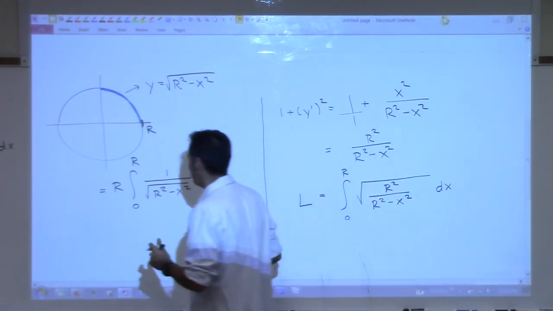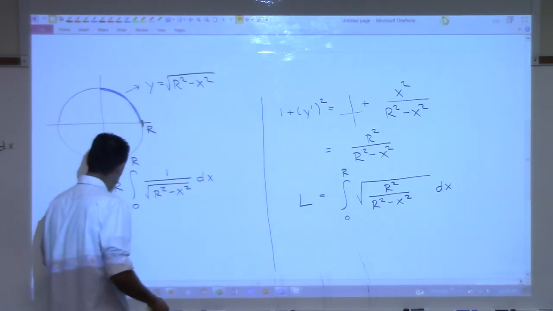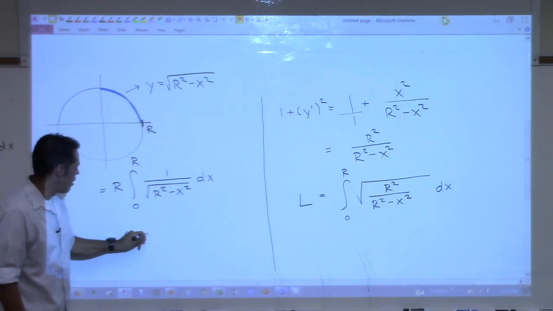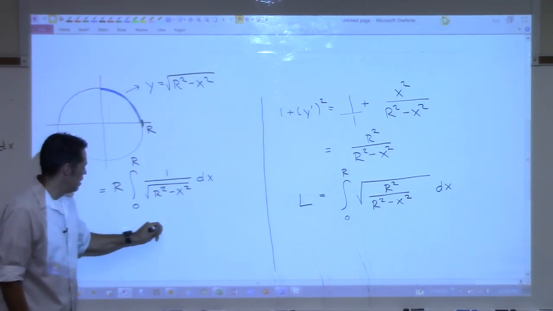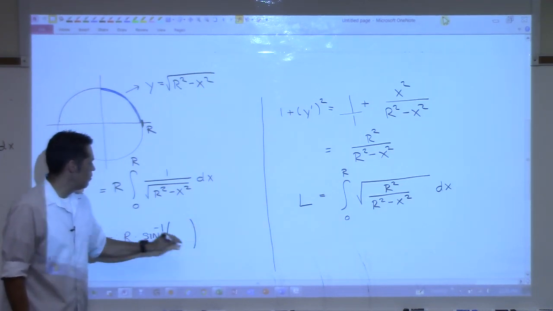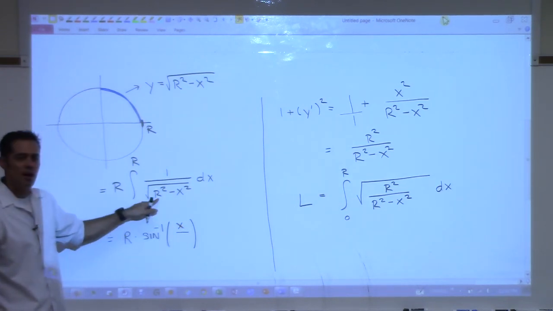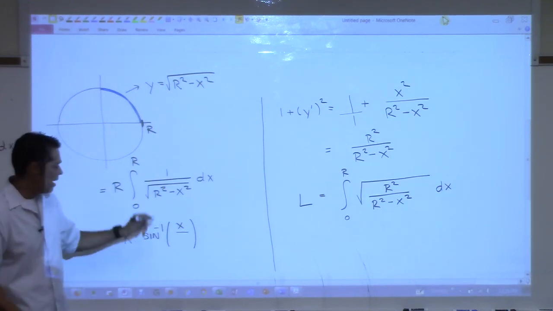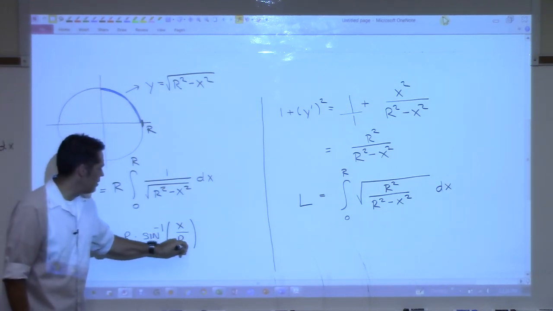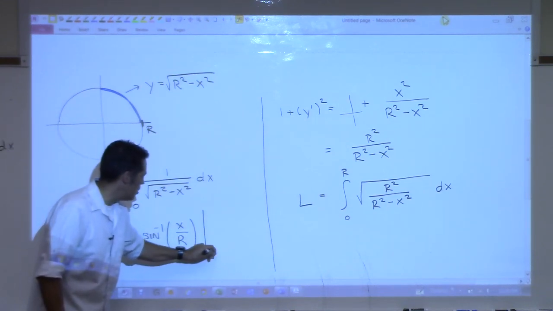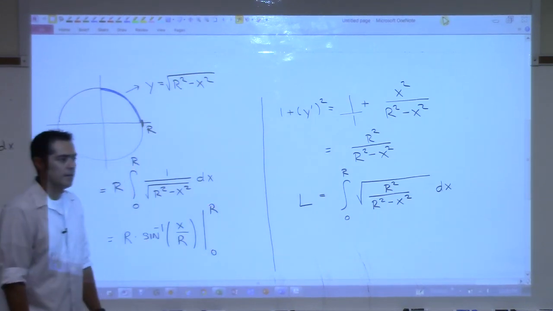So the formula for this means should be capital R, and then the antiderivative of that should be arc sine of whatever the variable is, x, over whatever this constant is. So in the formula sheet, it's a. For us, it's R squared, right? So this is going to be over capital R. That's your antiderivative. And we're evaluating this from 0 to capital R, like that.